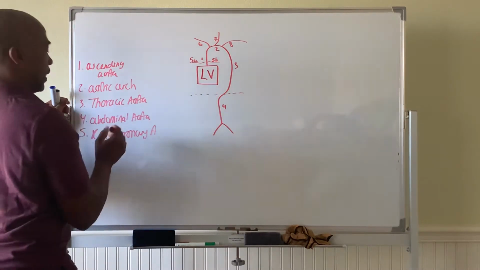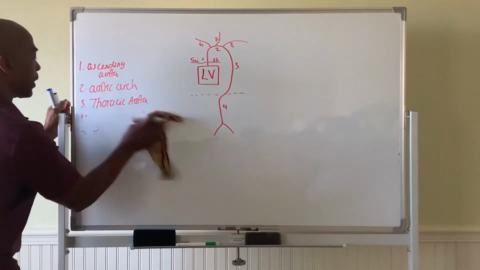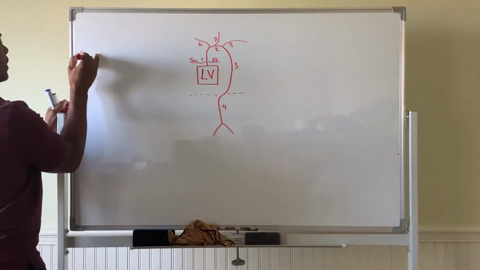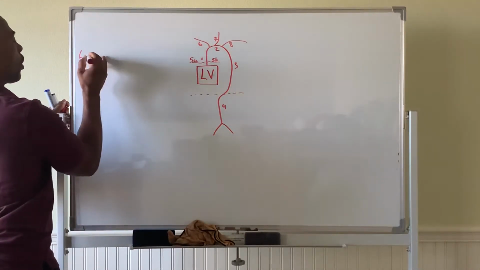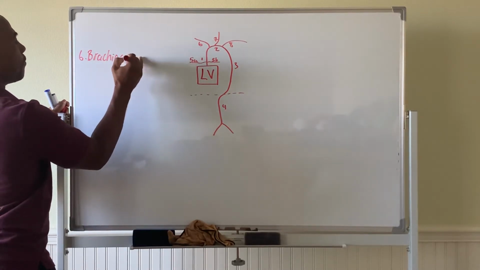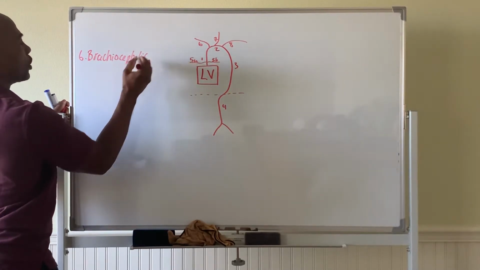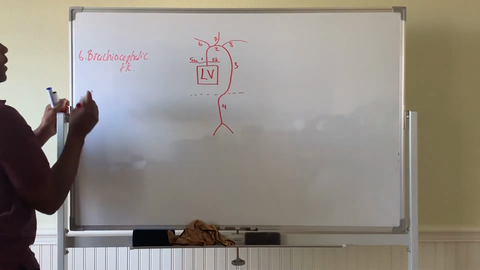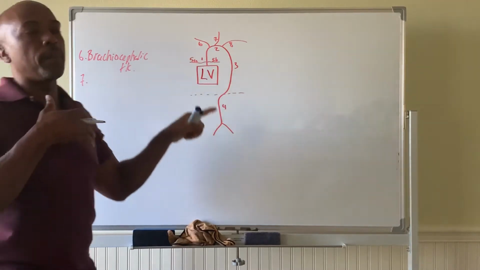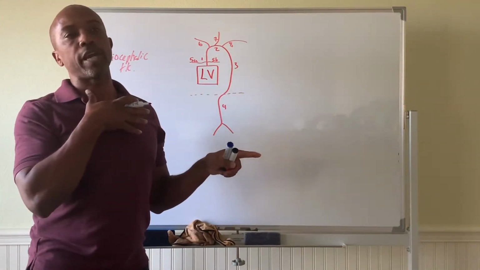So 6 in this case is your brachiocephalic trunk. This number 6 goes up to the right side. Okay, that's your brachiocephalic trunk.